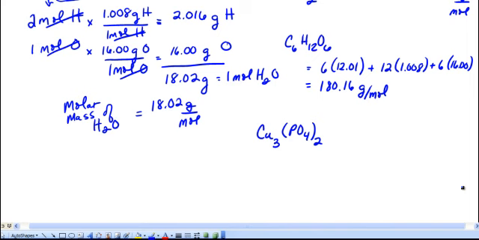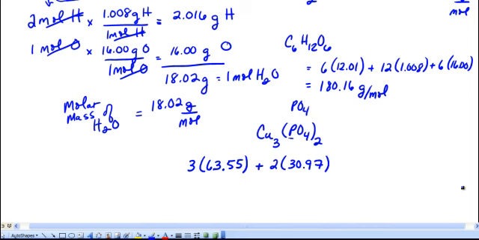All right, we're back. Now, with this one, you have 3 coppers. Copper weighs 63.55 grams per mole. You have 3 of those. The next element is phosphorus. Now, it looks like that there's only 1, but this 2 is on the outside of the parentheses, which means you really have 2 sets of PO4s. So that means you have 2 phosphorus, and each phosphorus is 30.97 grams per mole.